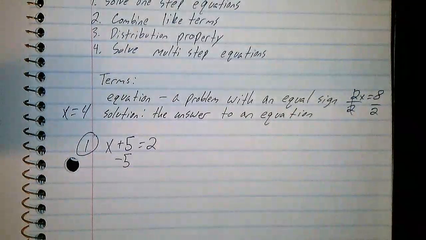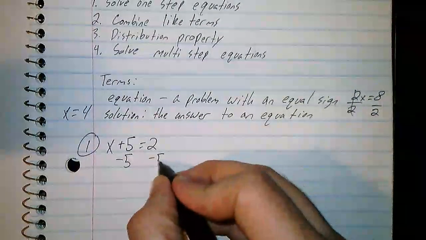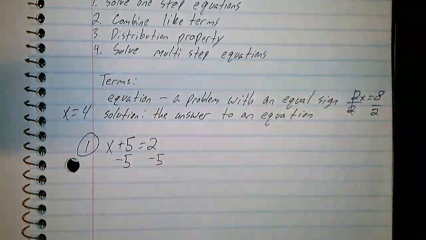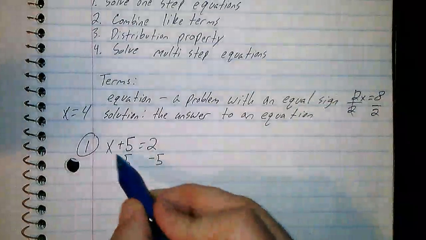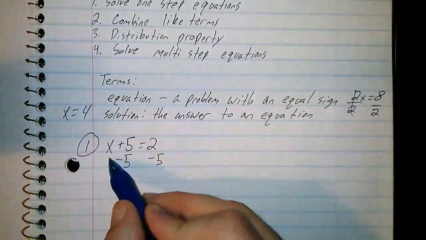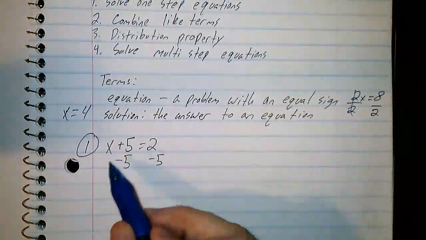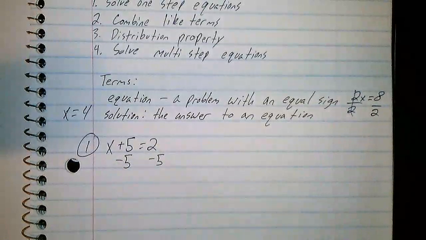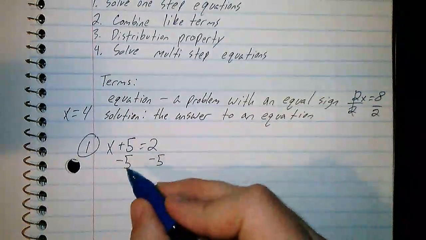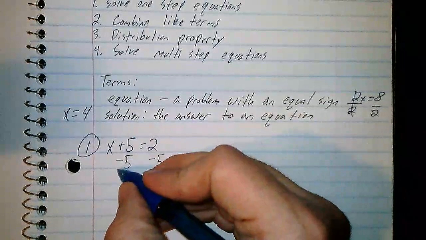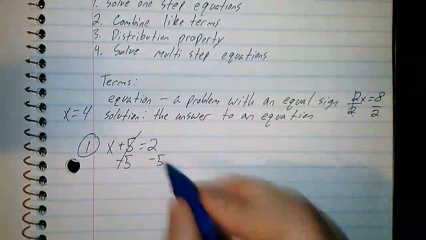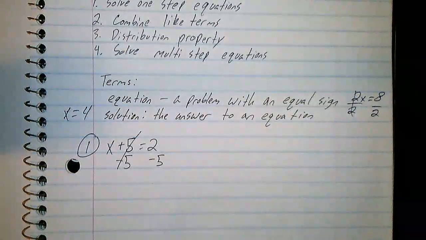And anything we do to one side of the equation, we have to do to the other. Sometimes students want to just line up a minus 5 under everything, but we don't put another minus 5 under the x. If we do it once on the left side, then we do it once on the right side of the equal sign.